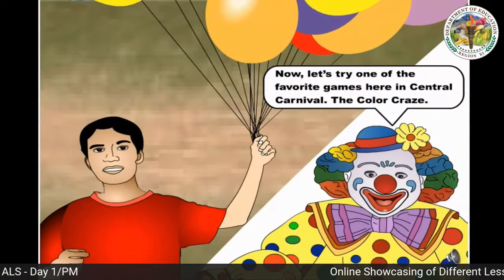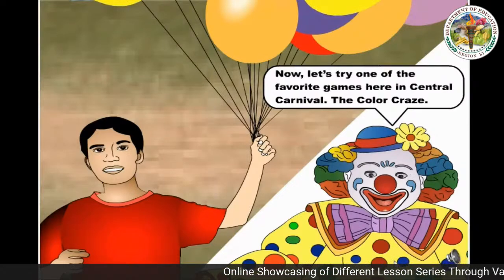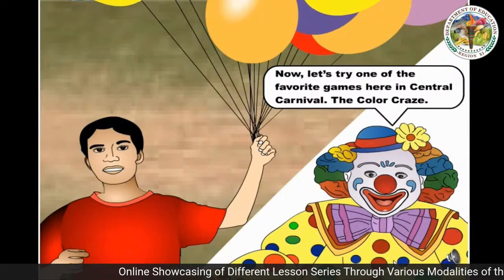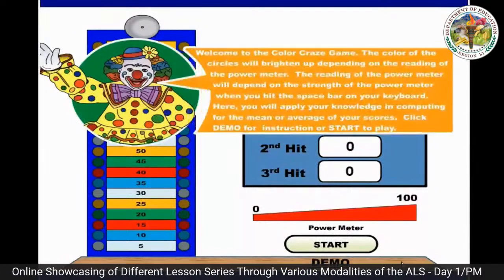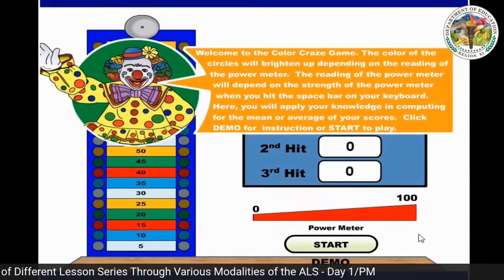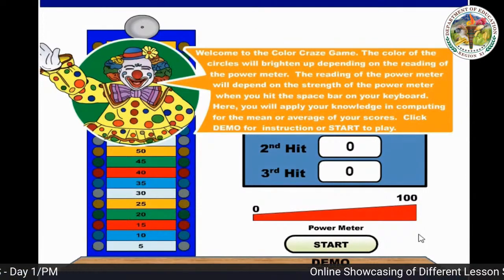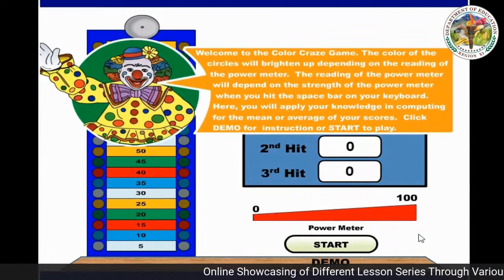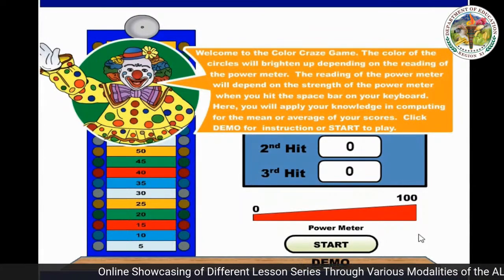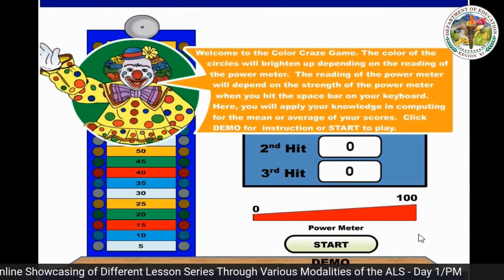Now, let's try one of the favorite games here at the Central Carnival, the color craze. Welcome to the color craze game. The color of the circles will brighten up depending on the reading of the power meter. The reading of the power meter will depend on the strength of the power meter when you hit the spacebar on your keyboard.